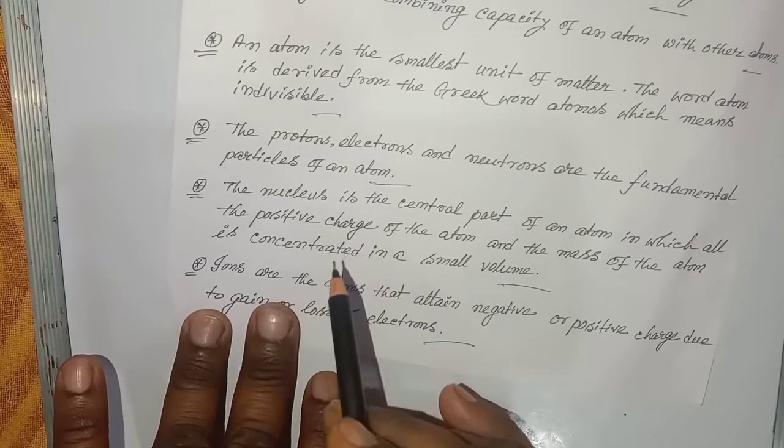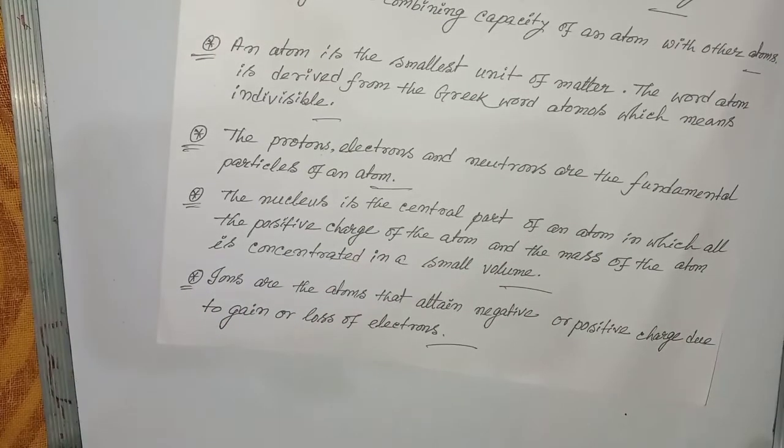The nucleus is the central part of an atom in which all the positive charge of the atom and the mass of the atom is concentrated in a small volume. Ions are atoms that attain a negative or positive charge due to gain or loss of electrons.